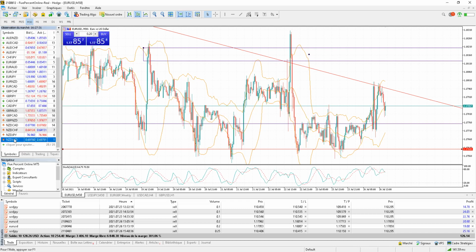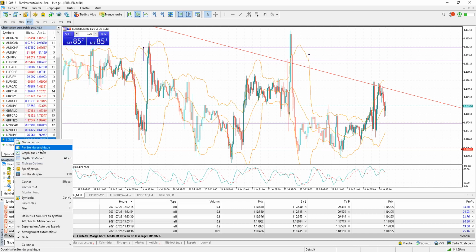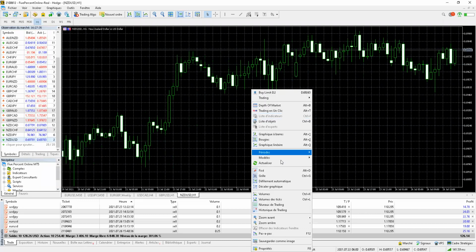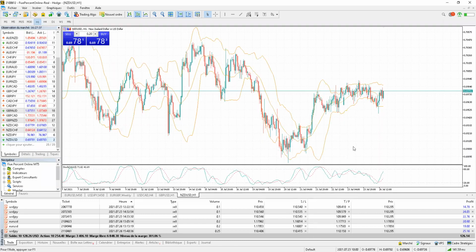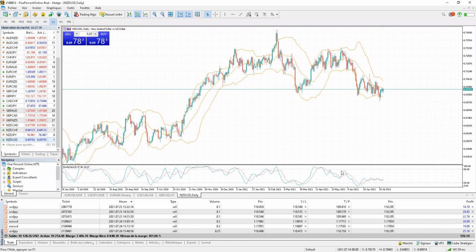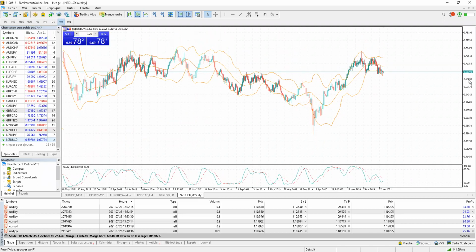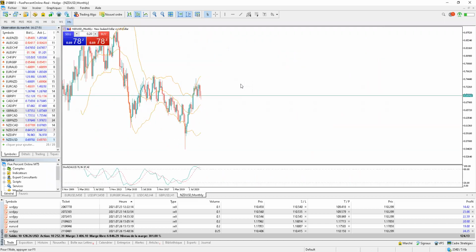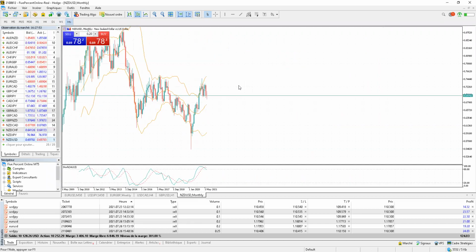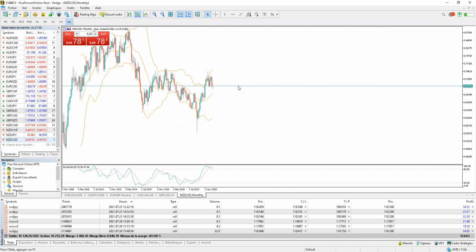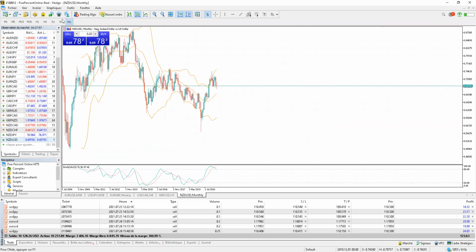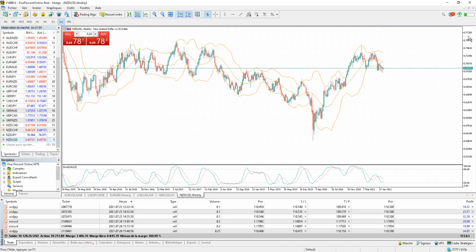Maybe the New Zealand pairs that we didn't talk about today.